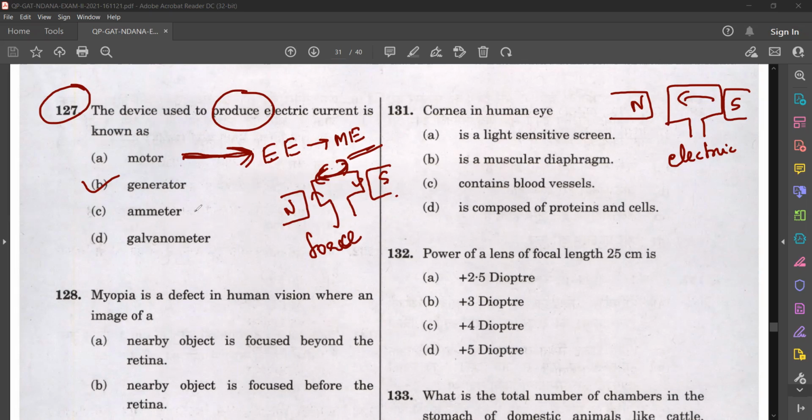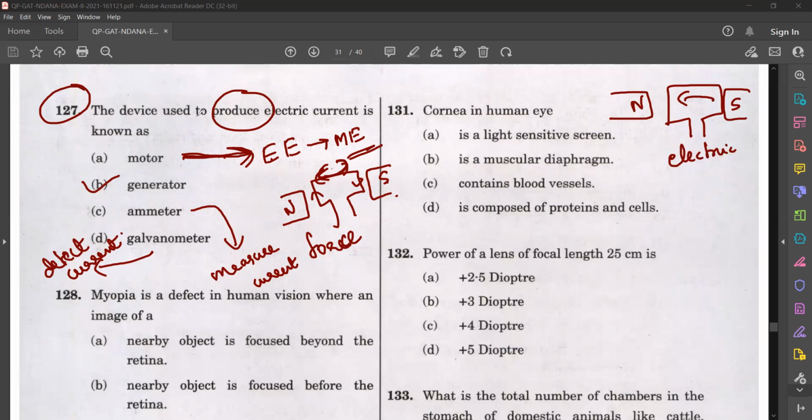What about ammeter? Ammeter is a device used to measure current. What about galvanometer? It is a device used to detect current.